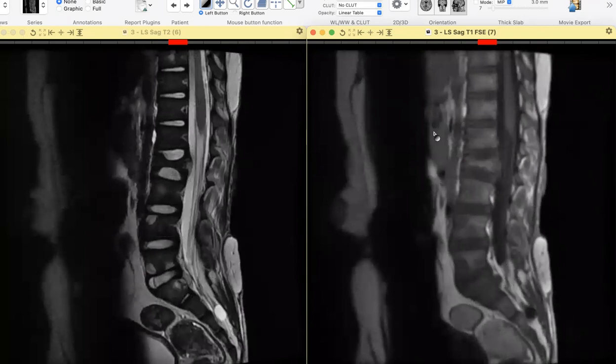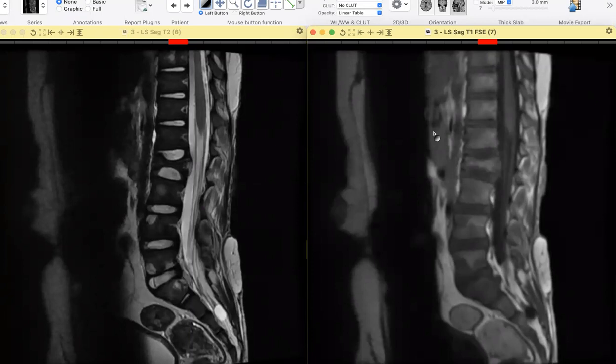Okay, so these are sagittal T1 and T2 weighted images of the lumbar and lower dorsal vertebrae. There is a partial collapse of the L2 vertebral body with sagging of the posterior cortex encroaching on the spinal canal. This is highly suggestive of marrow infiltration.